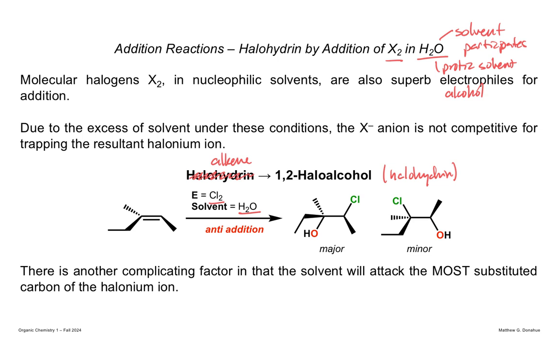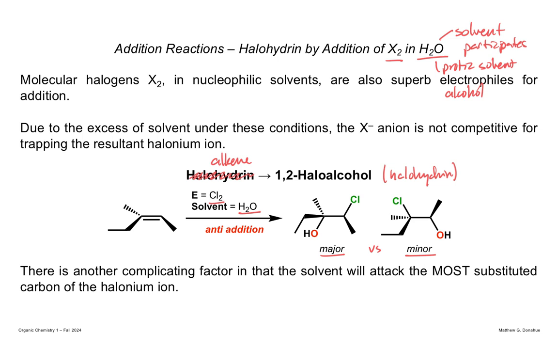As we see, we form a major product versus a minor product. Under these conditions, the major product is the more substituted alcohol, and the minor product is the least substituted alcohol.